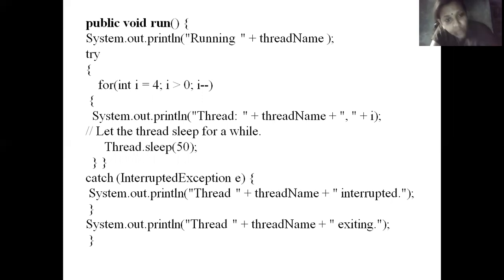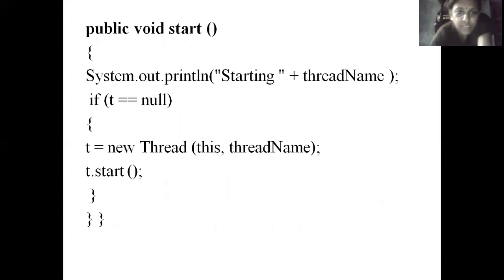Then it will go to the sleep phase for some time, and if anything wrong occurs over there, then it will go to the catch block, and after that it will print thread exiting. So we are creating, we are running, it's going to the sleep phase, and then it is exiting, meaning it's terminating or it finishes its job.